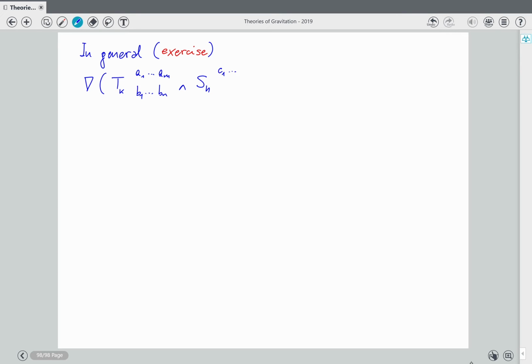C1 ... CR, D1 ... dP, that's equal to del T^k, E1 ... AM, B1 ... Bn, wedge S H, C1 ... CR, D1 ... dP.